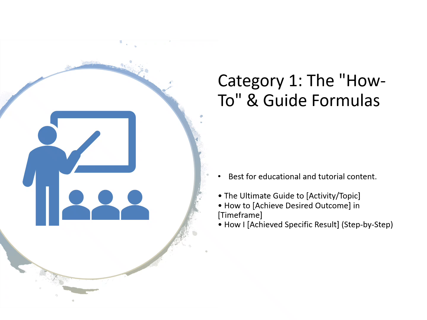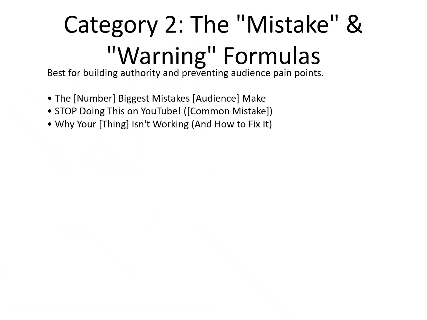So I will put in my title, how I was able to master the YouTube algorithm in 30 days, step by step. I just added the time frame in there. But if you want to stick to the script, it's just how I achieved a specific goal in a step by step method. So let's move on to category 2.